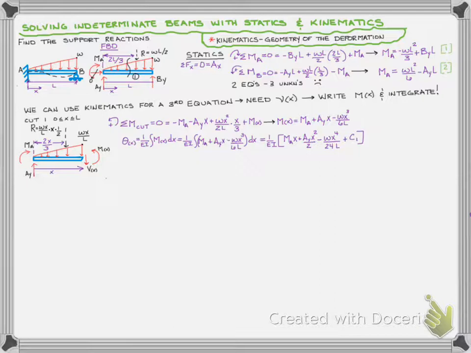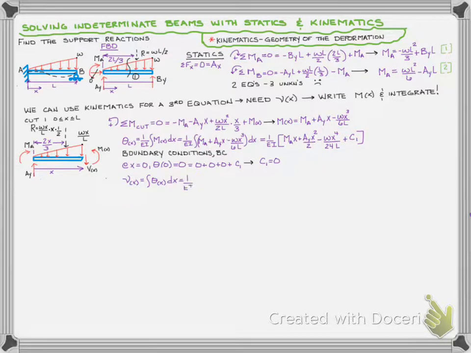Now we've already looked at our deformed shape, and we actually observed something about the slope. So let's jump right into a boundary condition. The boundary condition for the slope is that at A, the slope is 0. If we plug in theta of 0 equals 0, we get 0 plus 0 minus 0 plus C1 equals 0, so C1 equals 0. That simplifies our equation of the elastic curve when we integrate the slope.